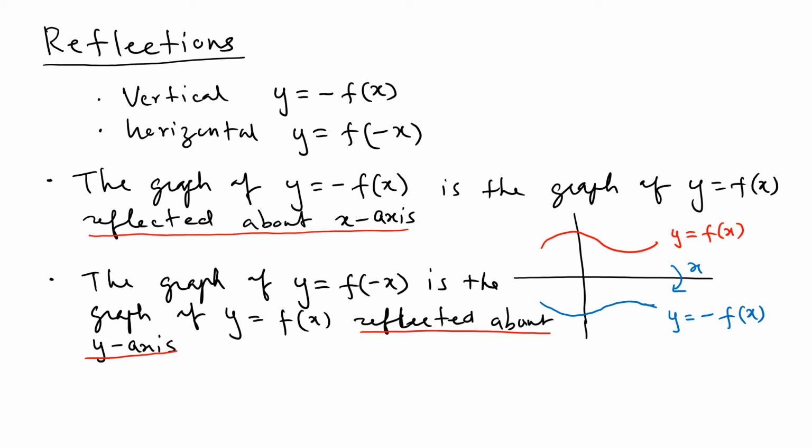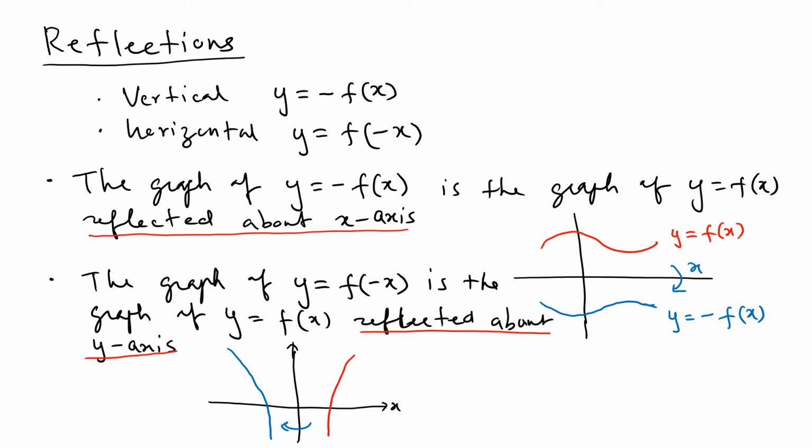If you look at the situation, let's say you have a graph like this. This is the graph of a function, something like that. We can reflect about the y-axis, so the graph jumps to the other side, and you get a graph like that.